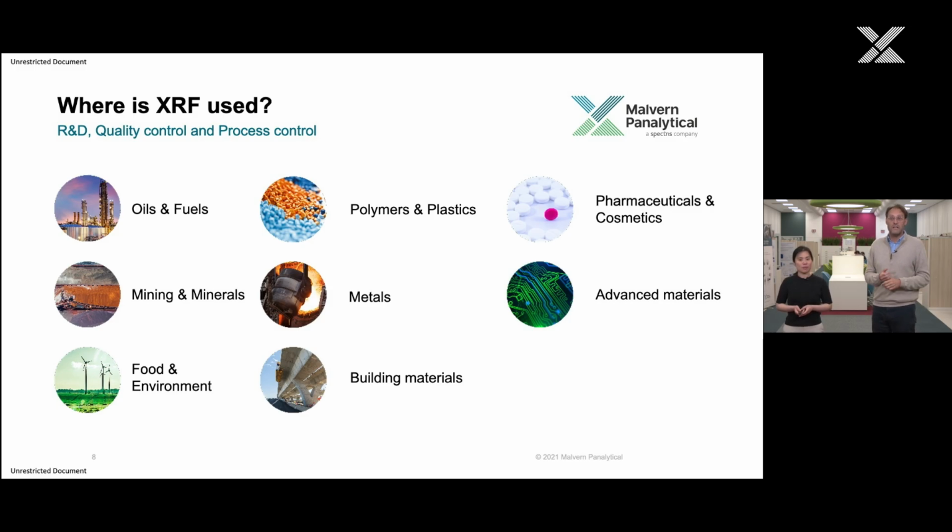That can be in the pharmaceutical industry, the metals industry, which is also the slide we're seeing here, petrochemicals, food, many industries where XRF can be used as an elemental tool.